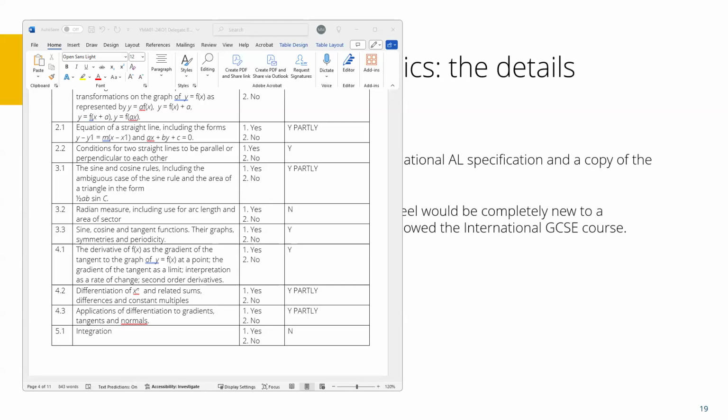So there's a nice continuity between the two here. Some thought for that transition was made, and therefore any gaps that the students come with, you can refer back in the first term for them to go and revise or set some work from the international GCSE as a preparation towards the international A level.